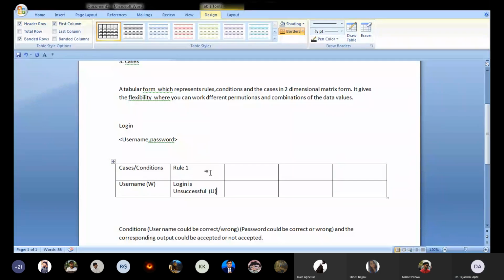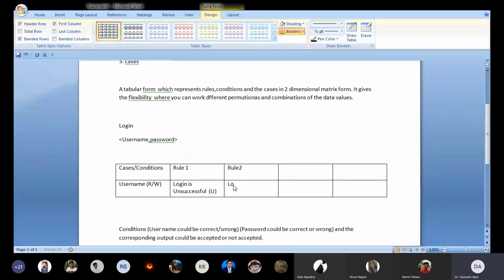Now the second, rule 2. Suppose the username is right. Are you getting my point? In that case, what is going to happen? Check whether the password is also right, whether the password is correct or not.